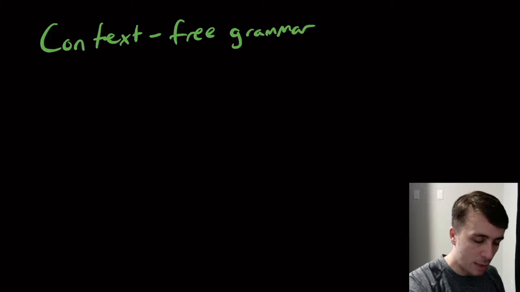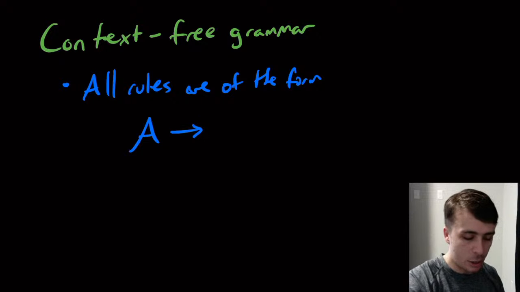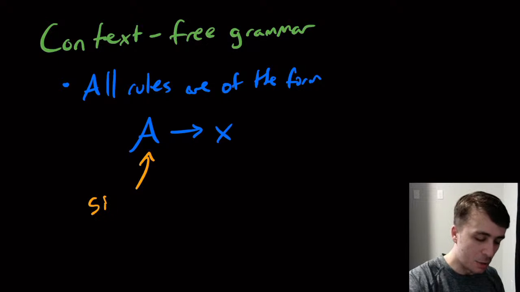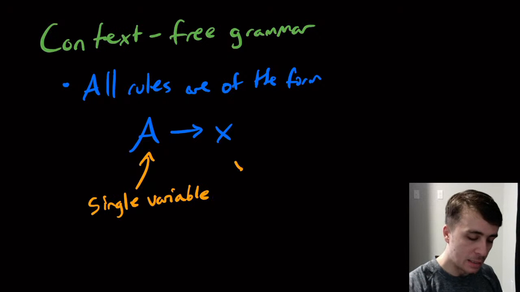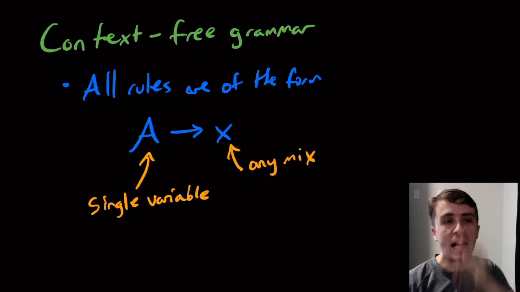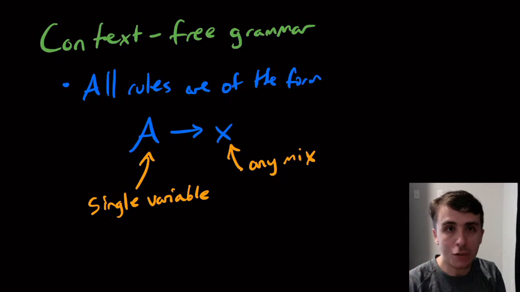But a context-free grammar has the property that all rules are of the form capital A goes to X, where the A here is a single variable, no terminal at all, and the X over here is any mix of variables and terminals. So the right-hand side can be anything, but the left-hand side has to be a single variable, no terminals, and a single variable can't be two variables, it has to be exactly one variable.